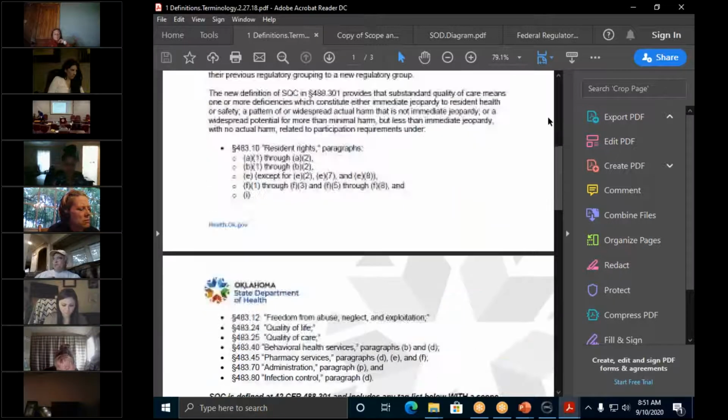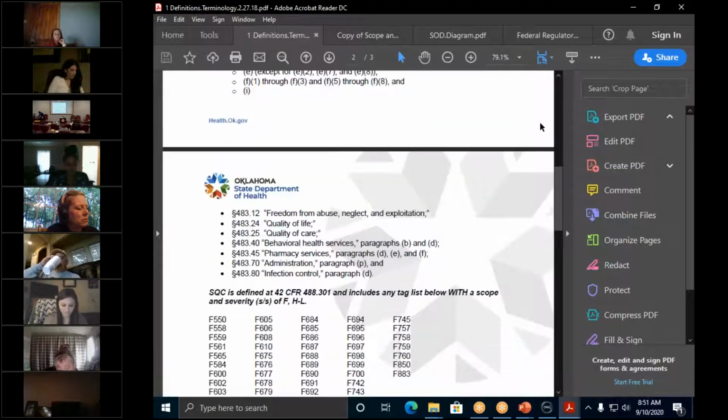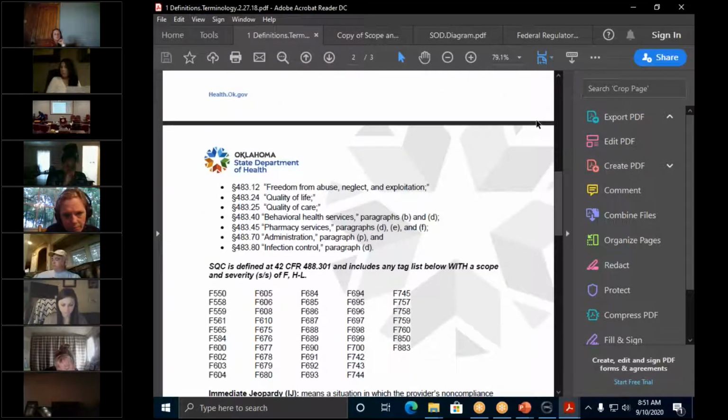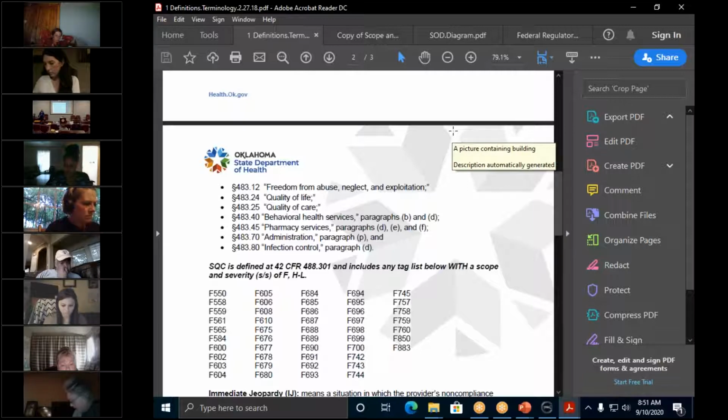There are certain areas, and you can look over this, I'm not going to read all of this information because I've got something even handier for you, and I wish that I would have had it long, long ago. Because it makes life easy as far as identifying what is considered substandard quality of care in a nursing home setting.